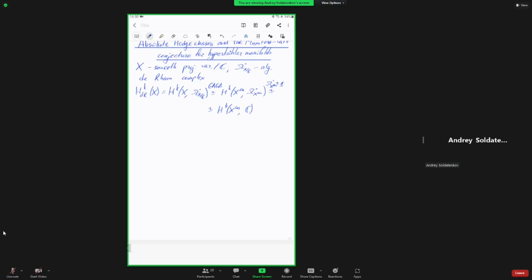And also we have the Hodge to Deligne spectral sequence that computes the singular cohomology of our manifold in terms of the cohomology groups of the differential forms.